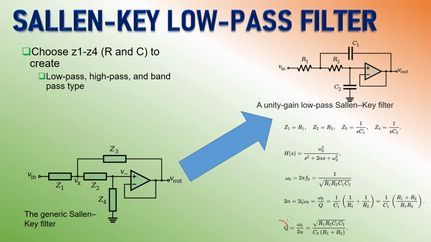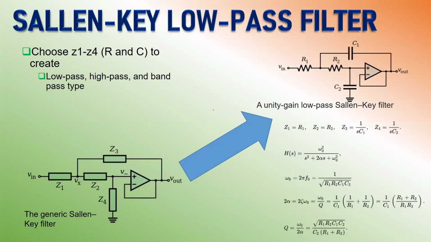And the value of the Q factor can be calculated once you know the frequency of your operation and the attenuation. That can finally be set if you know the values of R1, R2, C1, C2. So the two things are important: choose the values of the components to set the frequency, and choose the values of the components to set the Q factor. Okay, so that's it.